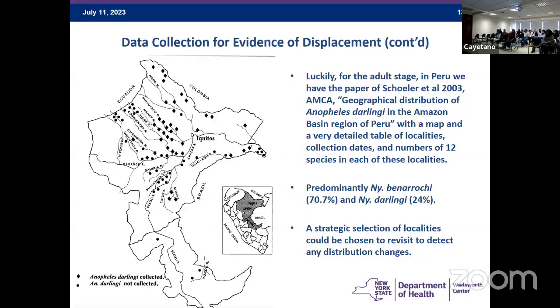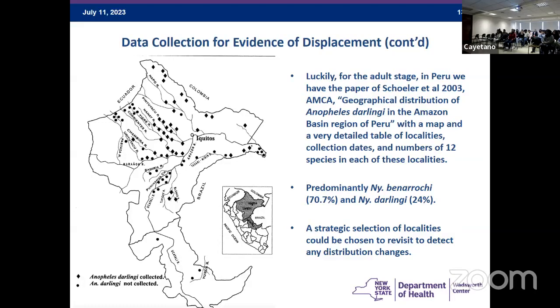Okay, next. So this is the aquatic. Well, we've done some larval work, but not that much. It's never been our mandate, but one of my grad students, Kate Pressing, we decided to look at for other reasons, but we found Benarrochi and darlingi together in water bodies in 5 localities: Lagunas and Nueva Horizonte and Triunfoso along the Nauta Highway, but also Lagunas on the Nanay River.